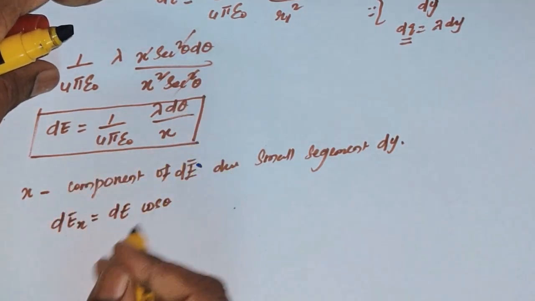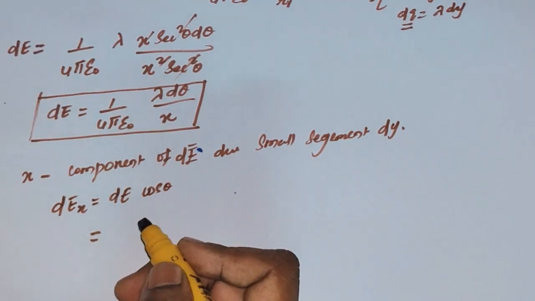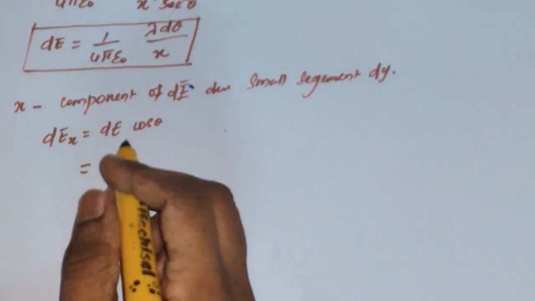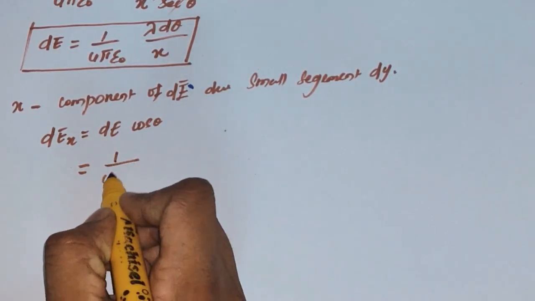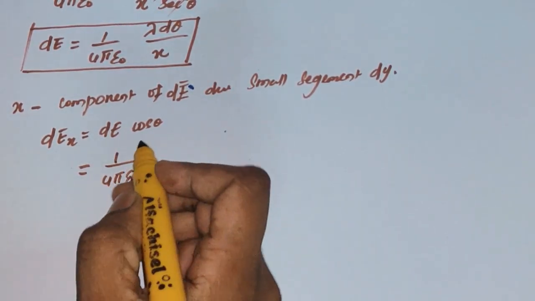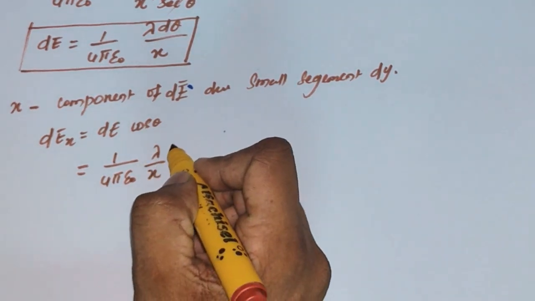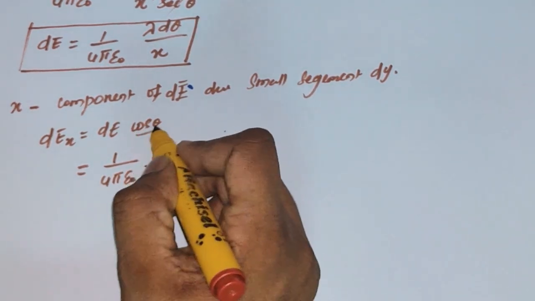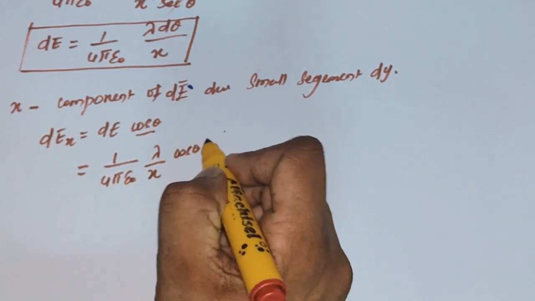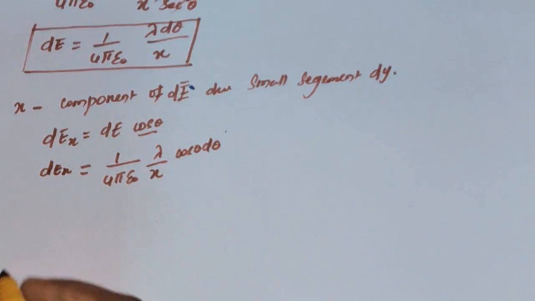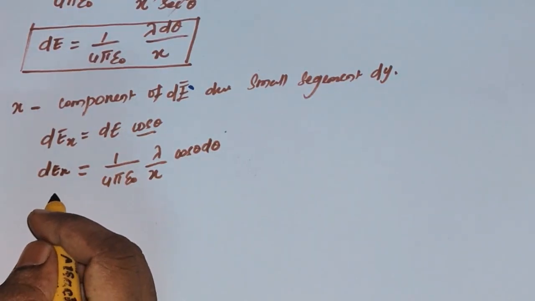We know what dE is, so dE is equal to 1 by 4 pi epsilon naught, lambda divided by x, times d theta. So cos theta will already be there, so cos theta times d theta. This is the x component of the electric field due to the small segment dy.